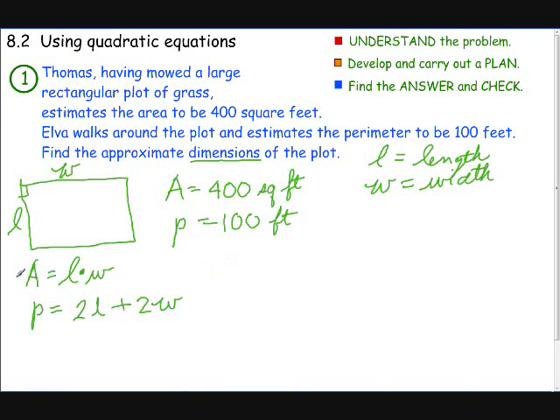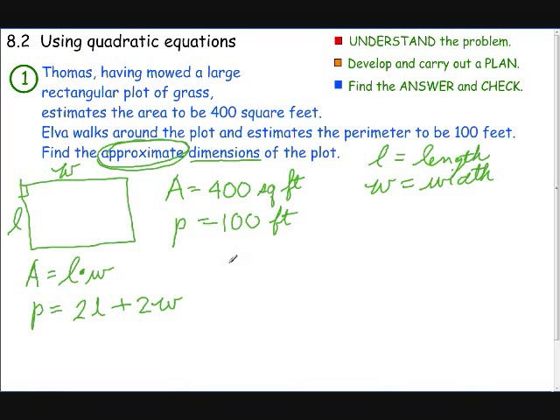Now, we know what the area is estimated to be, and remember, because we're working with estimates, we're only going for an approximate. This would be sort of a guesstimate. We do that sort of estimating all the time in life.